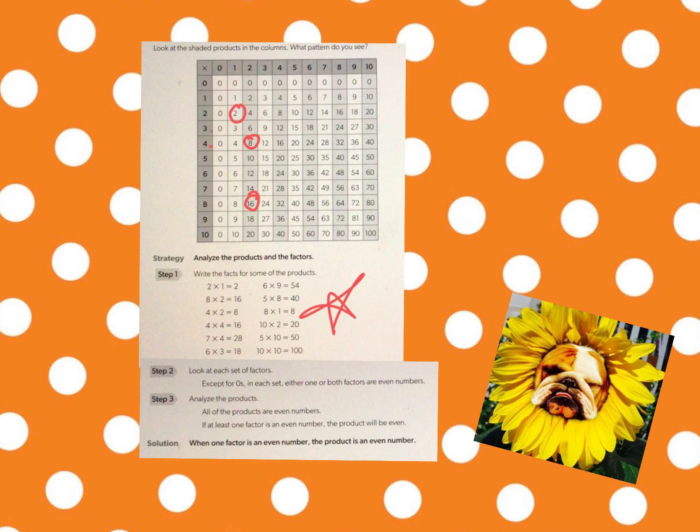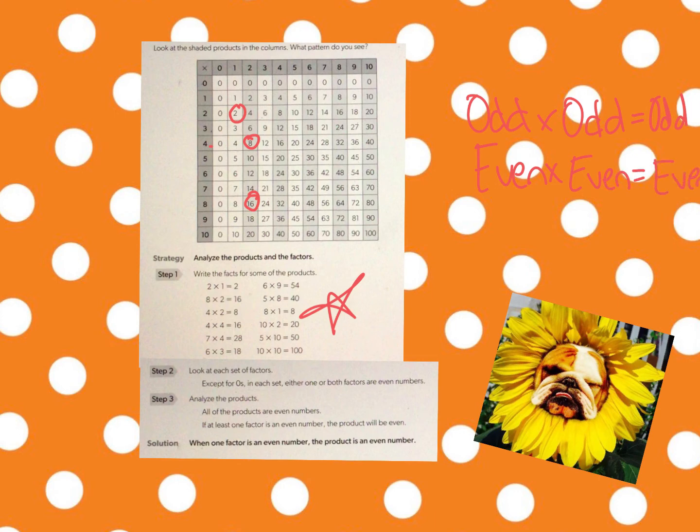So we talked about that a little bit yesterday during MTSS. When you multiply an odd number times an odd number, that's the only time you'll get an odd number. Every other time, when you multiply an even times an even number, you'll get an even number.